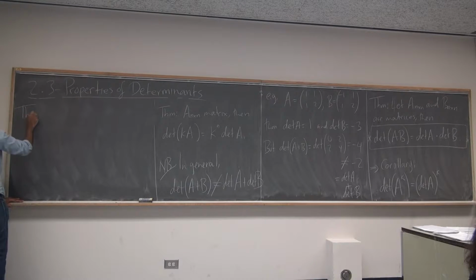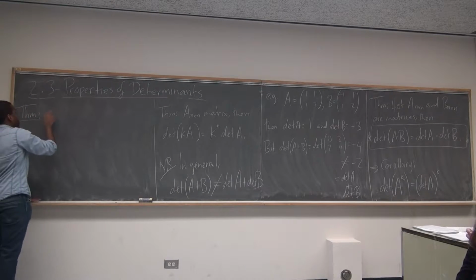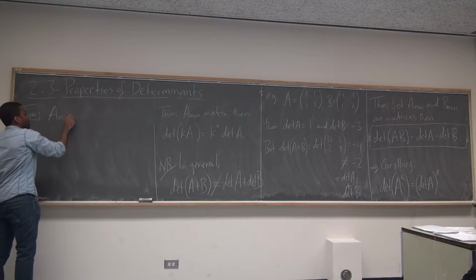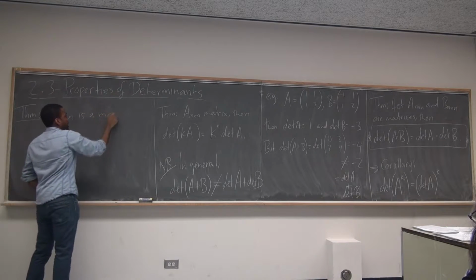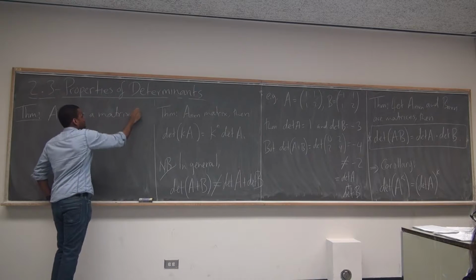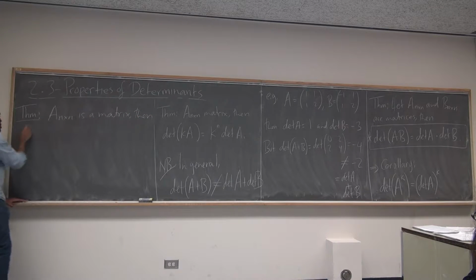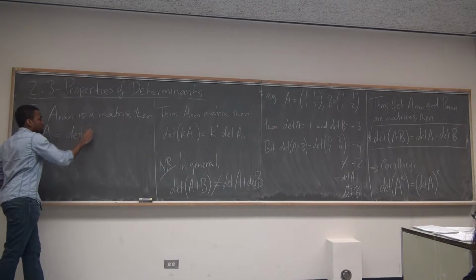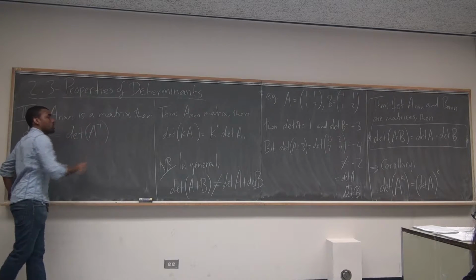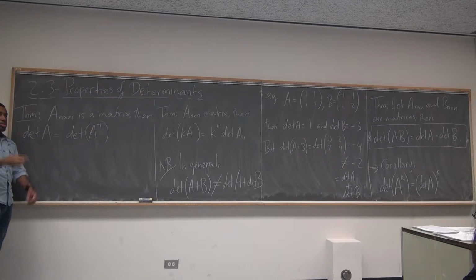It's another theorem. If A is an n by m matrix, then the determinant of A is actually exactly the same as the determinant of its transpose. Right, remember what transpose is? It's when you switch the rows and columns. The proof of that is not hard.